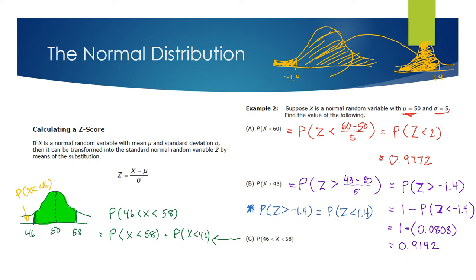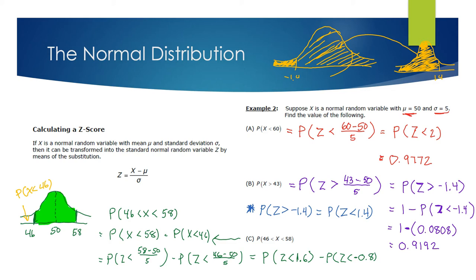But again, I can't use the table because it's not based on the x's, so I've got to convert these to z-scores. So this is actually the probability of z being less than (58 minus 50) over 5, minus the probability of z being less than (46 minus 50) over 5. That gives me the probability of z being less than 1.6 minus the probability of z being less than negative 0.8.